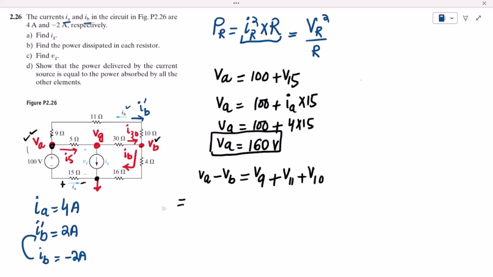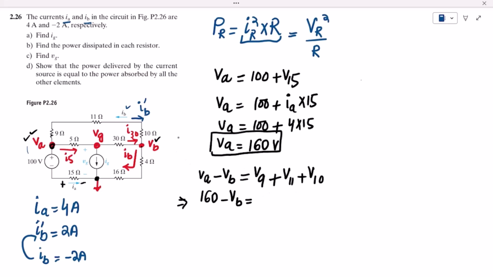Let me apply them. The value of VA is known, that is 160, minus the value of VB. The value of V9 is I_B prime multiplied by 9, the value of V11 is I_B prime multiplied by 11, and the value of V10 is I_B prime multiplied by 10.